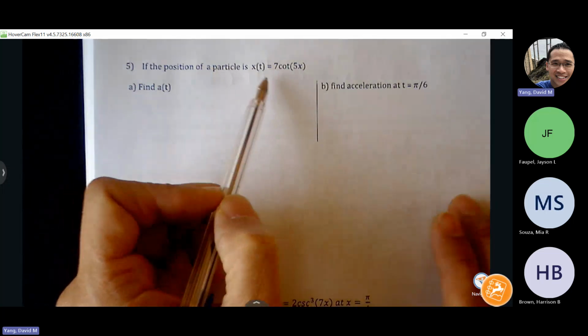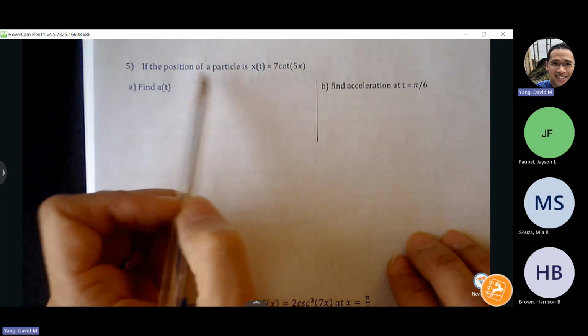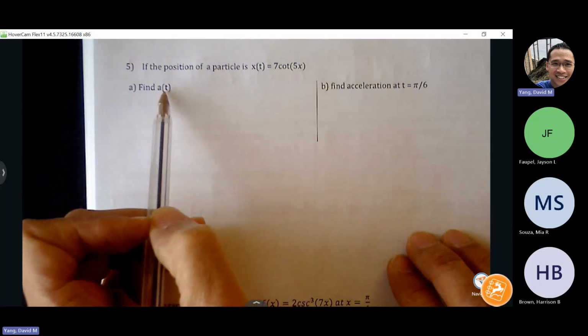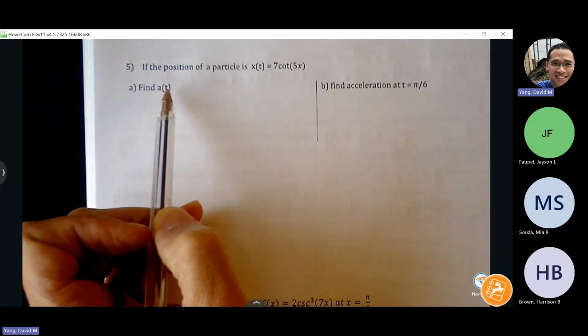Sorry, I sent the corrections through Remind. Okay, so position is given as 7 cotangent 5x. Find acceleration. So acceleration is the second derivative.